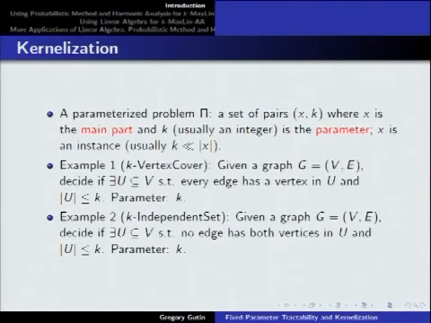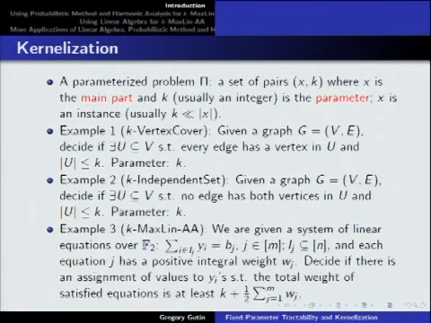Again, we are given a graph, and we want to decide if there is an independent set of size at least k. Size meaning the number of vertices. Yes, at least k, sorry, I just copied it from the other one.